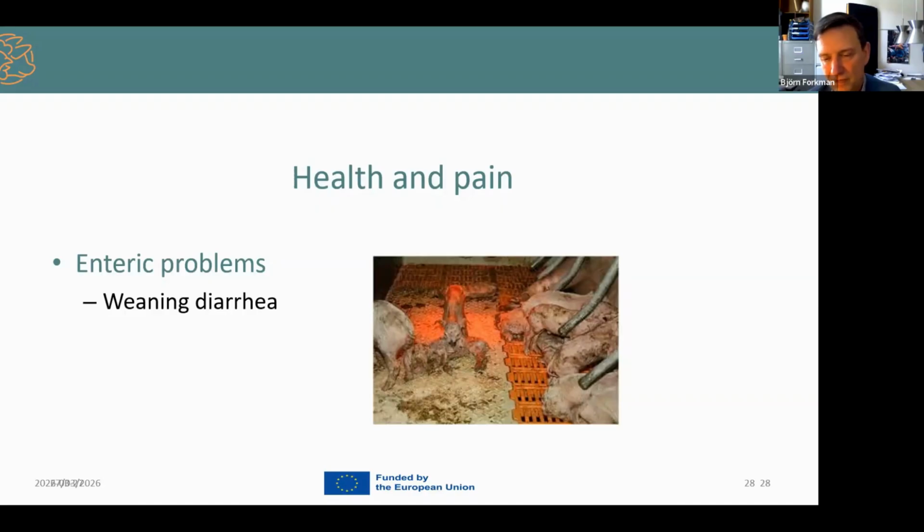Going from milk to solid food and at the same time being removed from the sow, from the mother, and being mixed with others really is a recipe for weaning diarrhea. And it's fairly easy to see. You can see here, so these piglets aren't weaned yet, but they're still having diarrhea. You see it on the pigs, you see it on the walls of the pen.